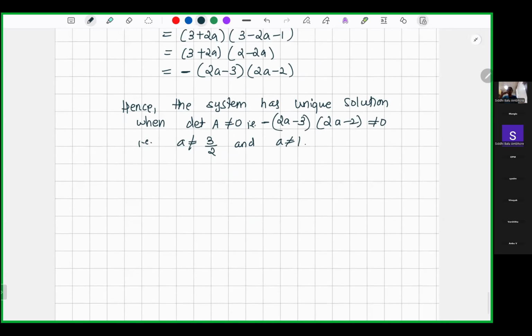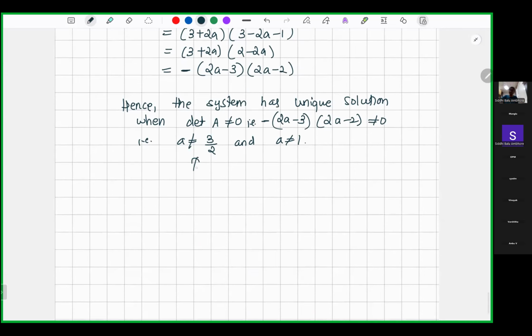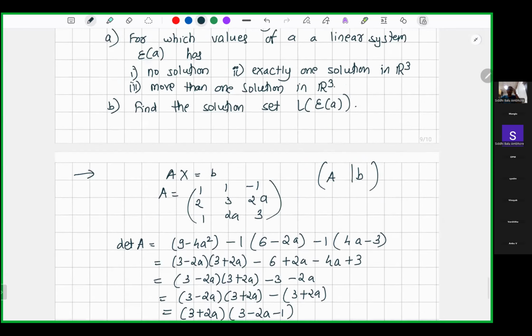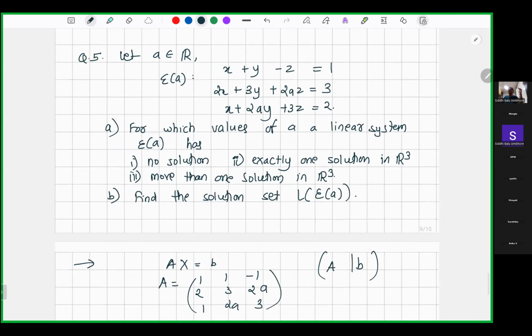And when a is equal to 3 by 2 and a is equal to 1, these are the only cases left. So understand that one of them will give us no solution, and the other one will give us infinitely many solutions, if you have understood what we have been discussing so far.